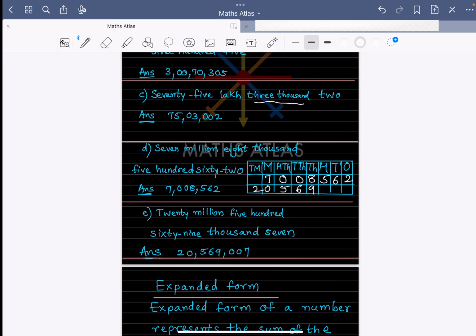And then it says only 7. 7 means, because it is a single number, always on the ones place. So these blanks, we are going to put 0. And since it is in millions, again this will be 3, 3, and so on. Hope that is clear with the Indian and the international system.